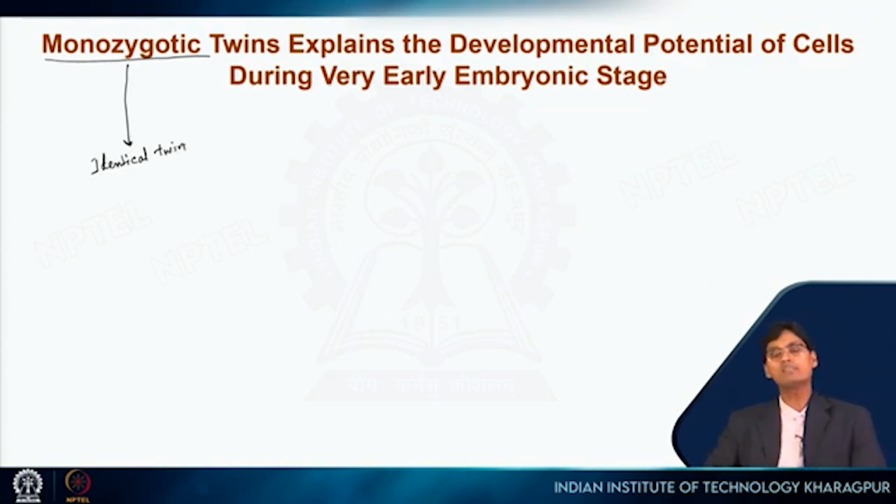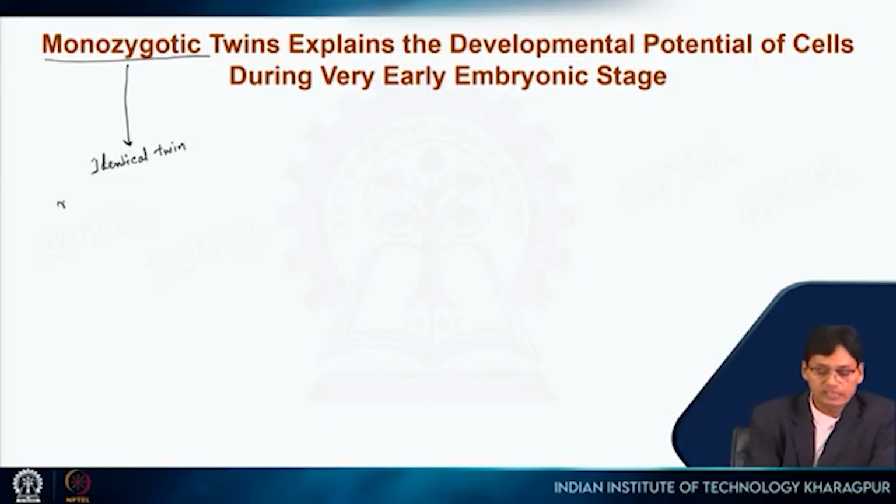And the other one is dizygotic twin. That is something else. During the same time, 2 egg cells get matured and both of them are fertilized by 2 different sperm. As a result, those 2 zygotes are different from the beginning, and that will lead to non-identical twin, right?